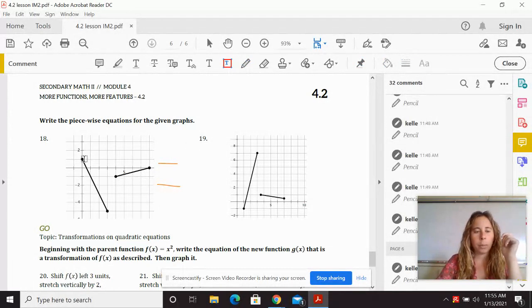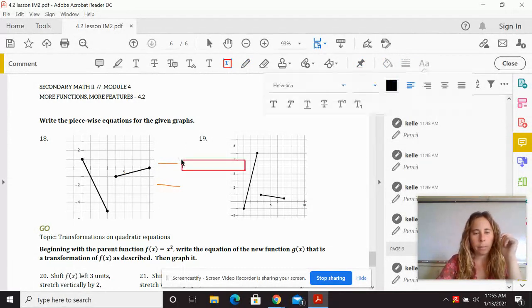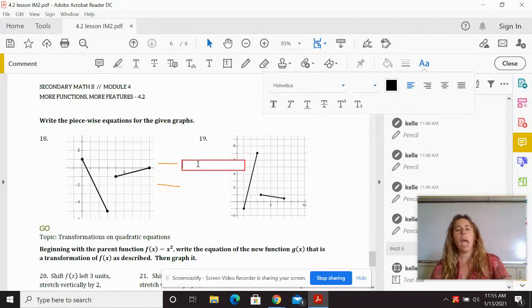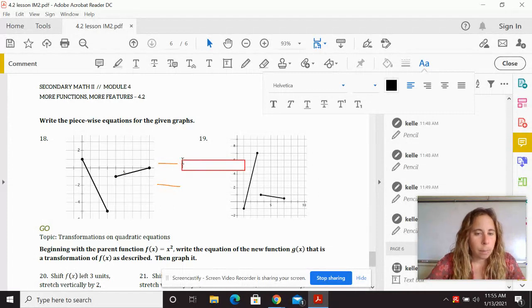So let's look at this one. The domain for the first one. Oh, I don't think I meant to do a text box, but I guess that works. The domain for the first one is the farthest left x value is 0.